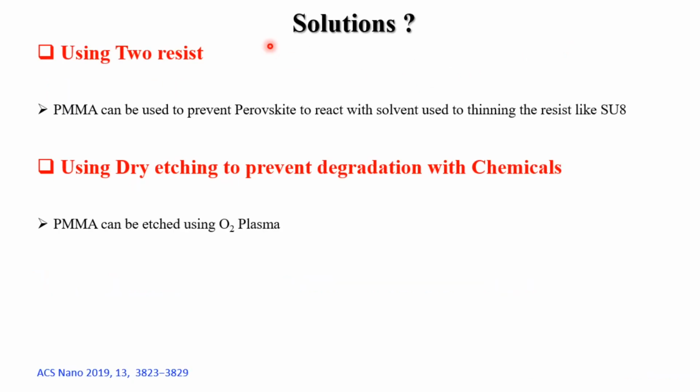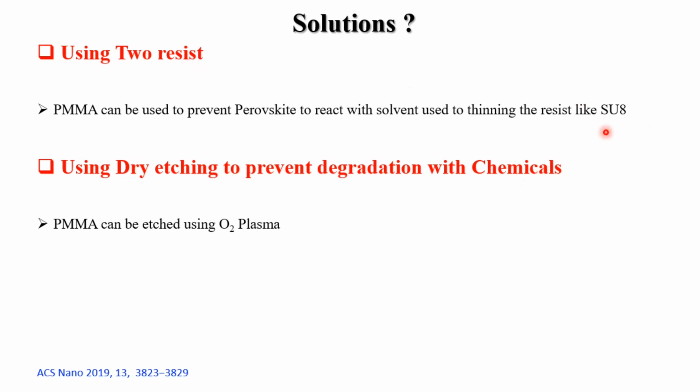They found that PMMA can be used to protect the perovskite, preventing the problem in the first step. After that, SU8 can be used, for which steps 2 and 3 are not problematic. For SU8, the first step, in which the photoresist is deposited on the substrate, is the problematic one.